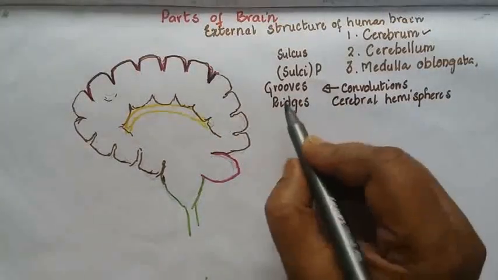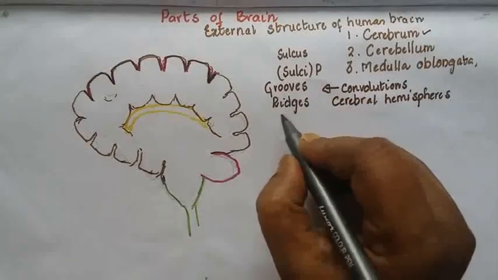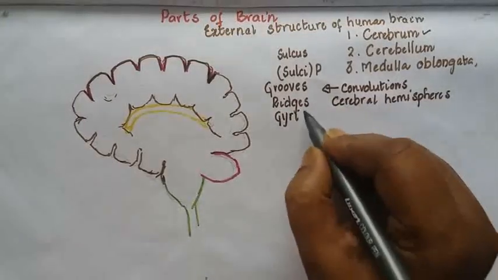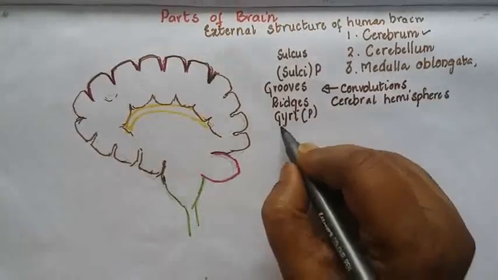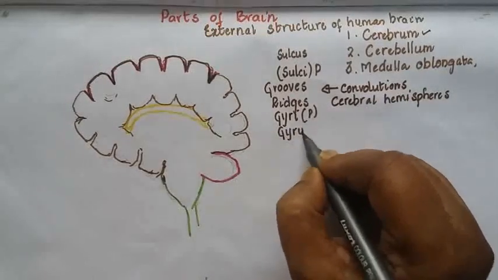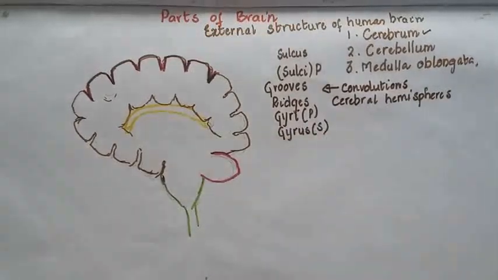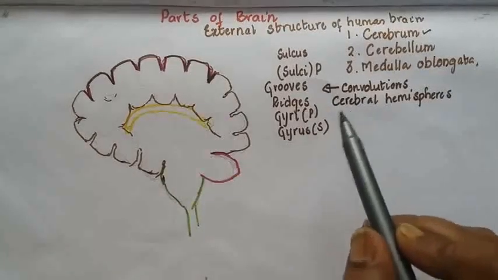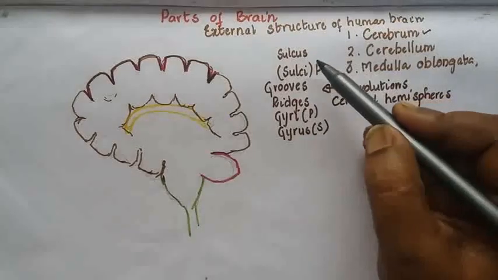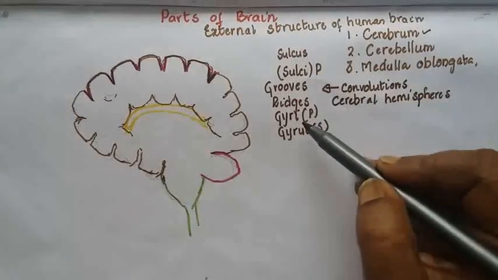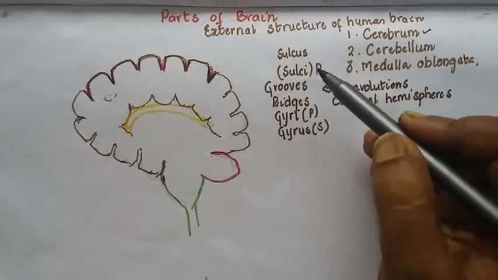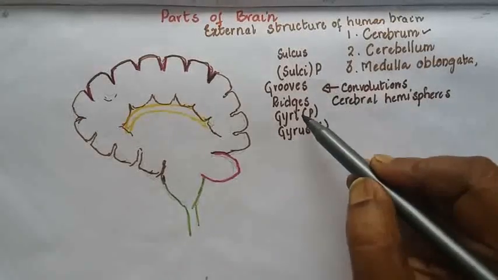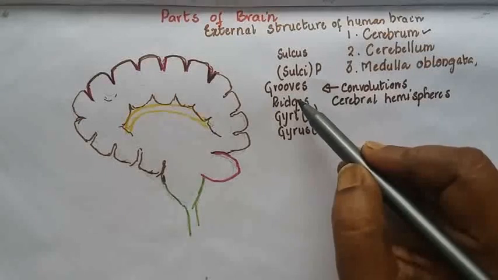And then the ridges. The ridges are known as gyri, which is the plural form, and gyrus is the singular form. So the cerebrum comprises a number of sulci and gyri. What is the meaning of sulci? Sulci means grooves. Gyri means ridges.